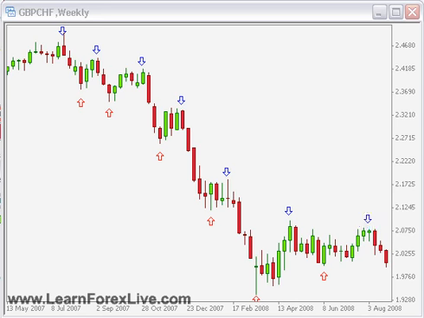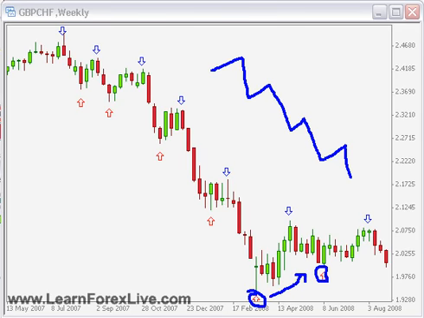But it means that price, or at least this market, is going through a period of congestion. The downtrend has taken, let's say, a break, until the lower swing highs, lower swing lows pattern goes back in place, or until we can break this higher low pattern.